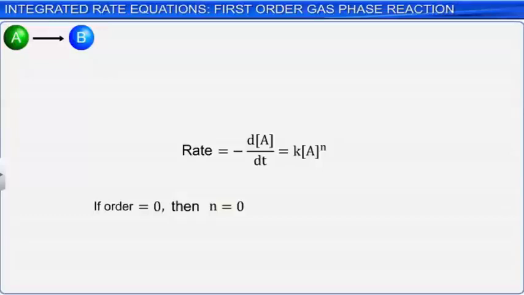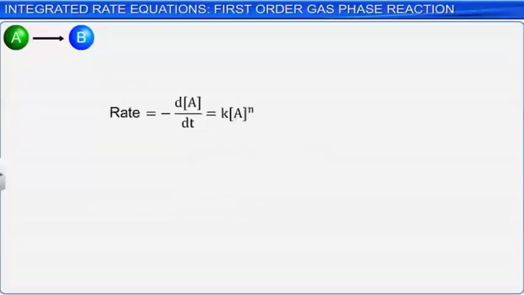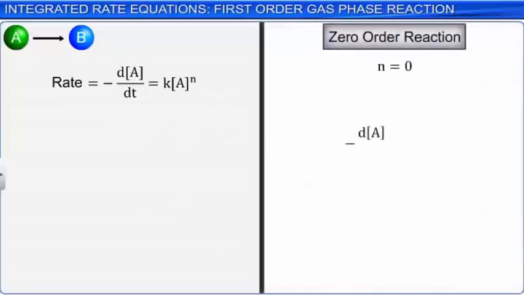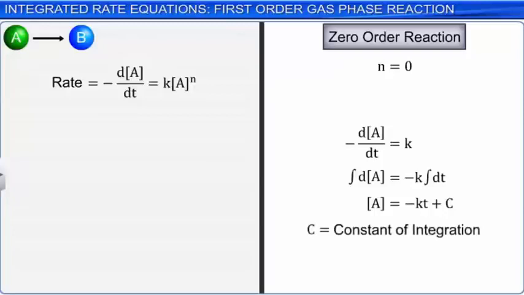Substituting n by 0 in the differential rate equation, we get minus dA by dt is equal to k, or dA is equal to minus k into dt. On integrating both the sides, we get concentration of A is equal to minus kt plus C, where C is the constant of integration.